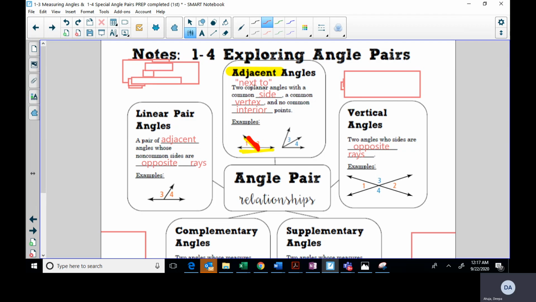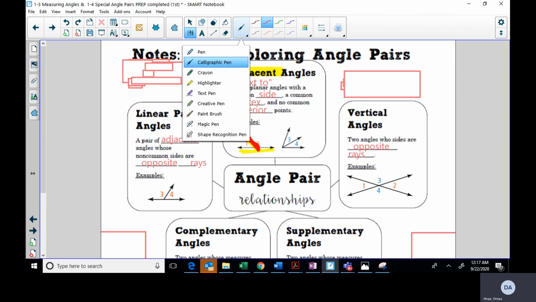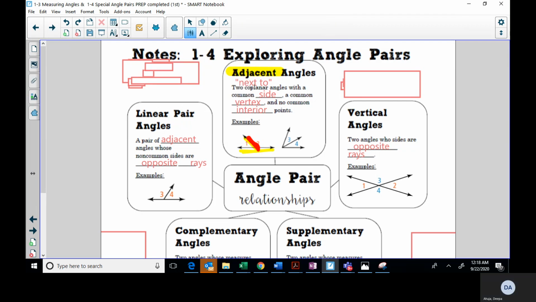We can see that we have angle 3 and angle 4. Let's use the highlighter here. This is your angle 3 and this is your angle 4. Both the angles share one common side.